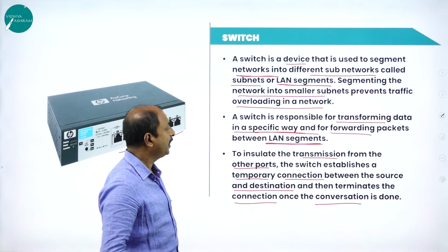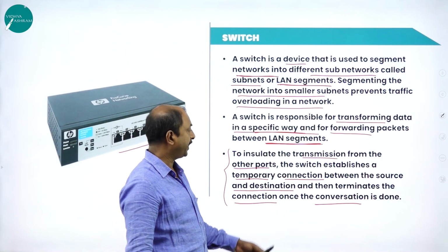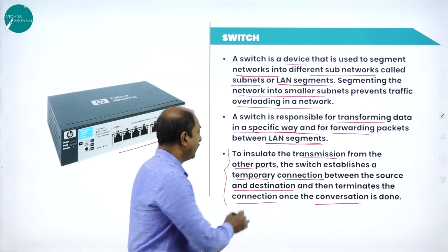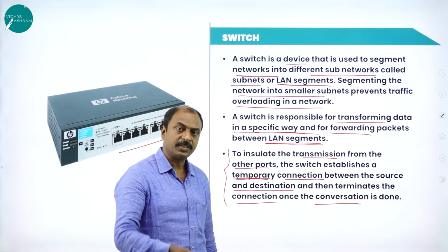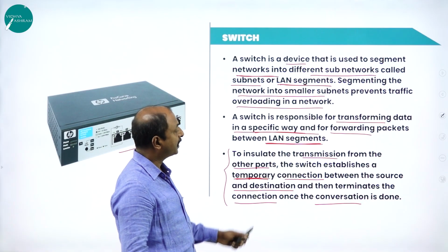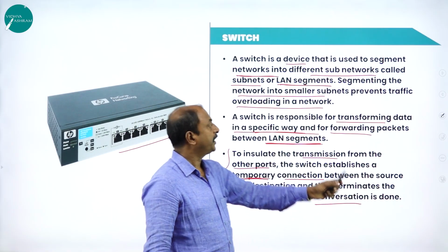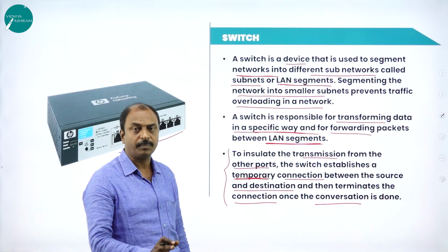How is it possible? It's going to create a logical temporary connection between the two computers, the host computer and the destination computer. Then once the connection has been established, the data will be transferred between the two computers.